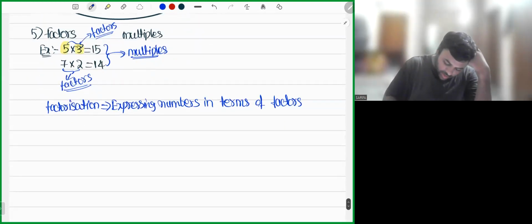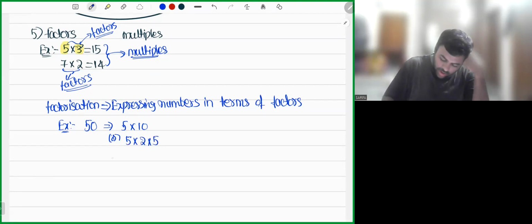For example, my dear friends, I am having 50. How can you express this? I can write it as either 5 into 10, or 5 into 2 into 5, or 2 into 25, or 50 into 1.